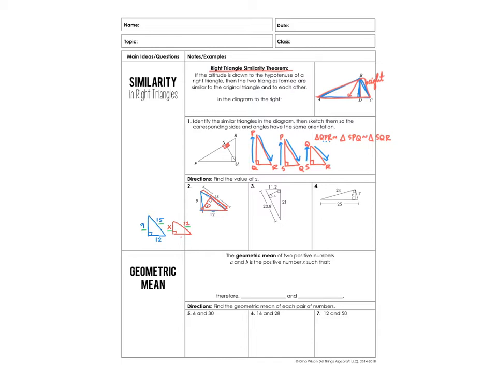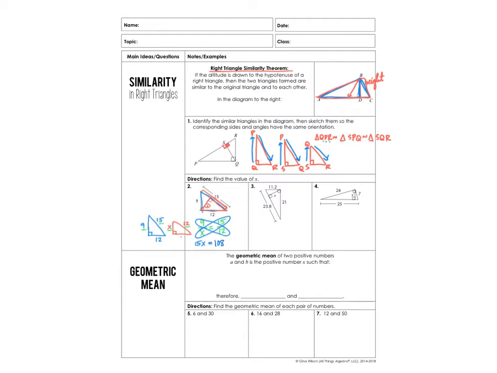You can use triangle to triangle or side to side. Okay, so I'm going to say 9 over x equals 15 over 12. Once you set up a proportion, you can always cross multiply. So x times 15 is 15x, and 9 times 12 is 108.